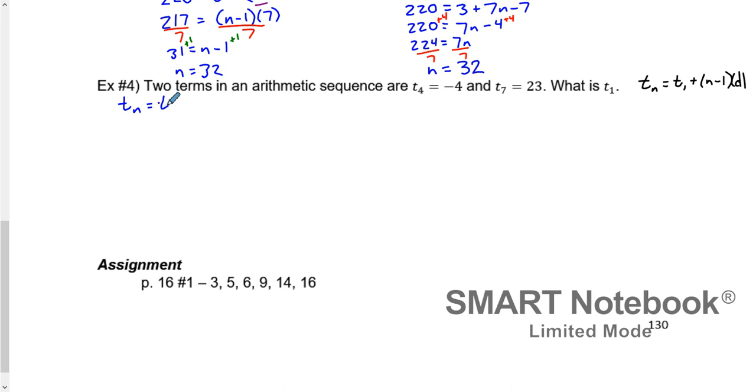So what we are going to do is we're going to write down this formula 2 times, because both of these bits of information, the -4 and the 23, give us a little bit more information.